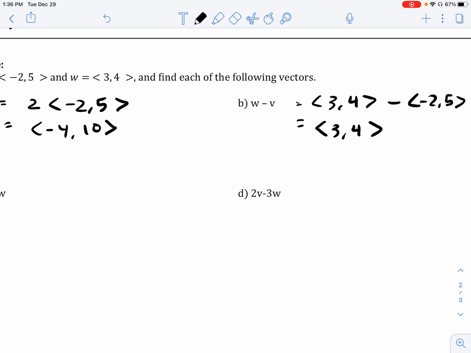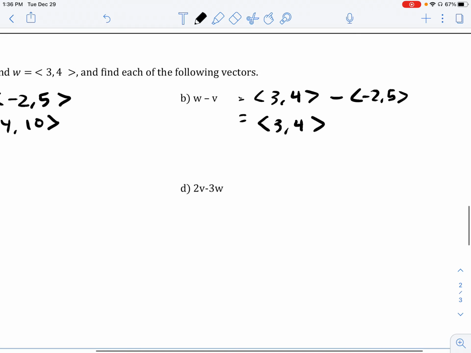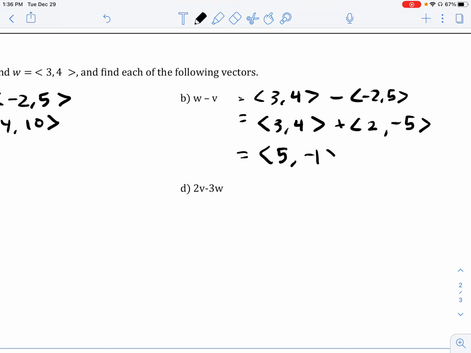Now we're going to distribute that negative. So that's going to be equivalent to adding positive 2, negative 5. Oops, I changed that to 4. Sorry about that. That would be 2. And if we add these up, this would give us 5, and this would give us negative 1.